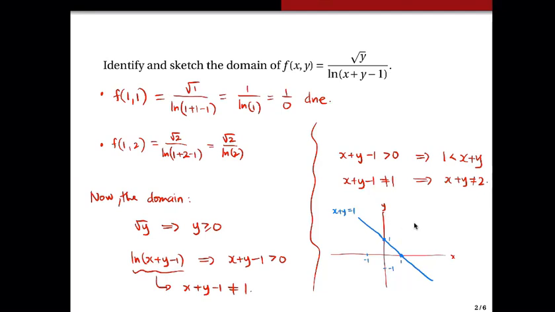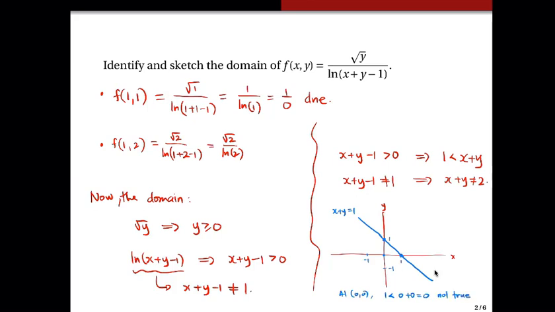So you have points coming from here and you have points coming from here. Choose any points that will make our calculation easy. For example, let us choose the point 0, 0. At the point 0, 0, we will have 1 less than 0 plus 0, which is equal to 0. And this is not true.